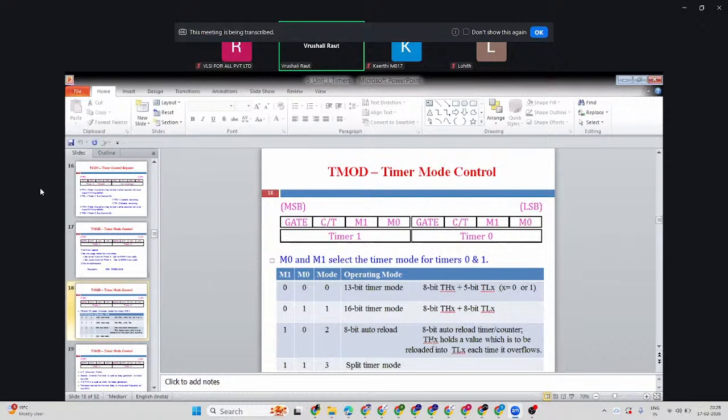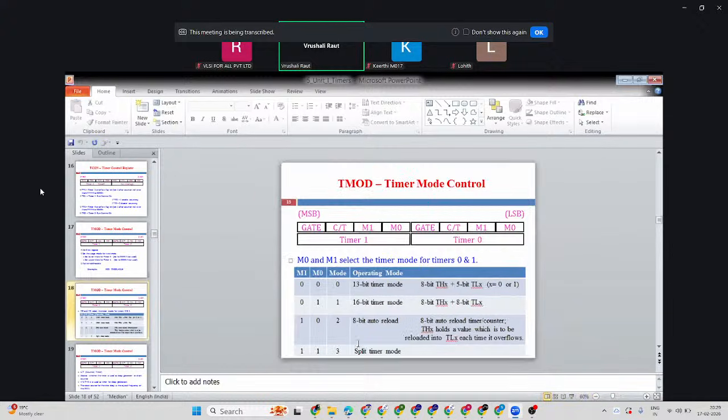Here the THx holds a value which is to be reloaded into TLx. Whenever we go for the mode, we'll see it in detail. But from THx, the value is getting loaded into TLx. TLx means, if it is timer 0, TH0 and TL0, automatic loading will be there. So that auto loading is happening in case of mode 2.